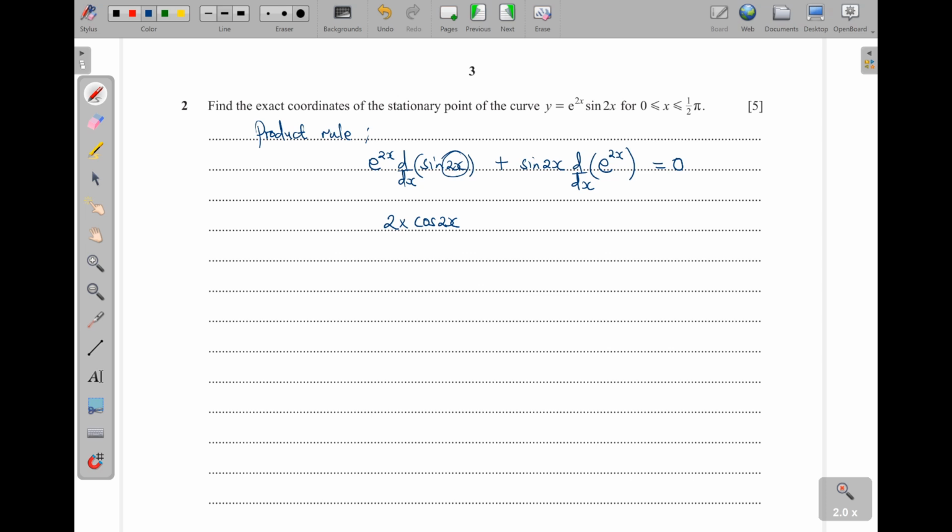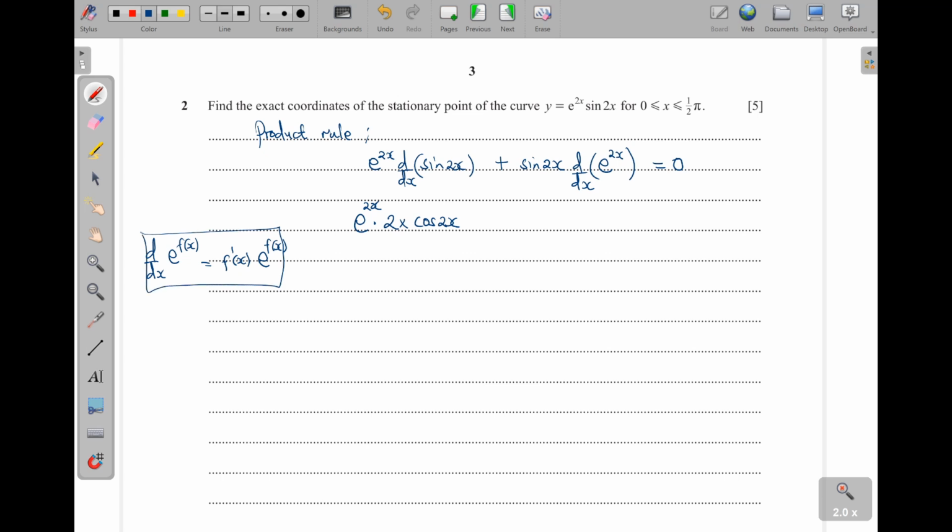So you enter inside the angle, you differentiate it, you get a 2, then you multiply it all through. And then there is this e power 2x here. And then also, when you differentiate with respect to x e power a function, you just get the power of that exponential function, you differentiate it, then after you multiply all through by that exponential function, okay?